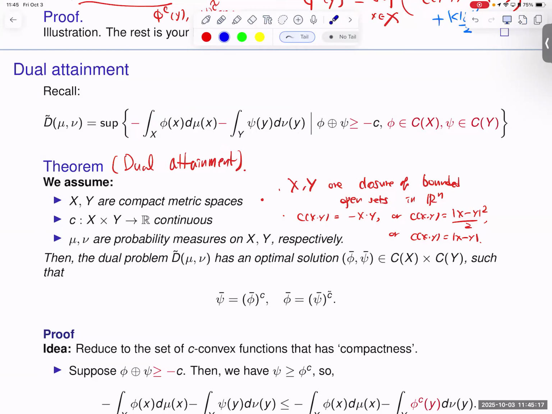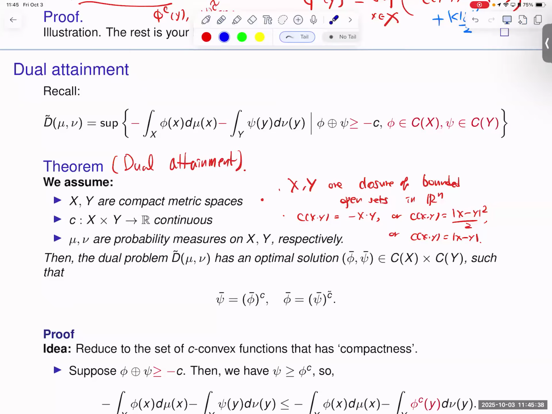Sometimes your domain can be unbounded, and then a maximizing sequence, trying to maximize this function, can just move in that direction where the domain is unbounded, and just go forever. So it will not converge to anything.